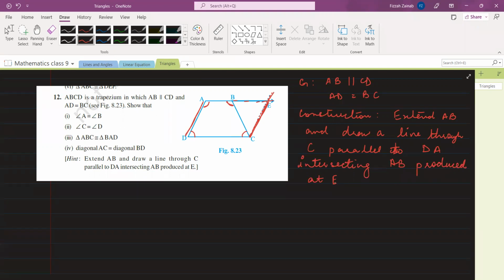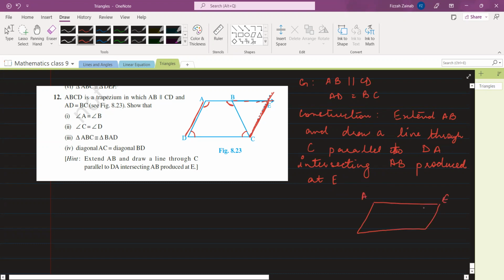So now think of it like this. Now this figure, you can think of it as a parallelogram. I'm just drawing it roughly. So basically, in part 1, you have to show angle A is equal to angle B. Anyway, first of all, let us prove that this figure is a parallelogram. So one pair of sides I need parallel and equal.